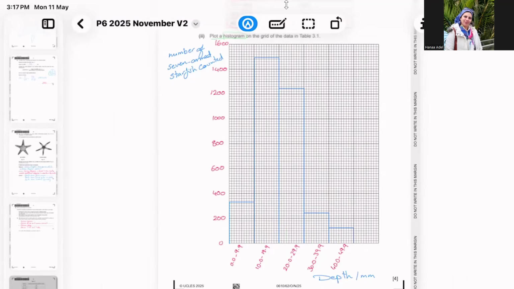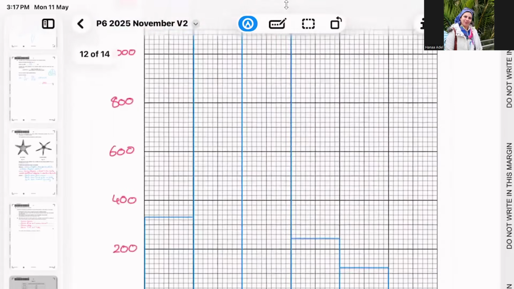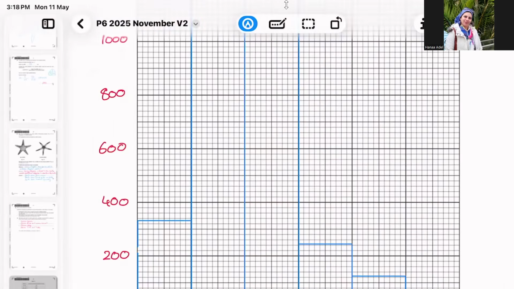And then we have to make the columns. The columns should be equal in width.